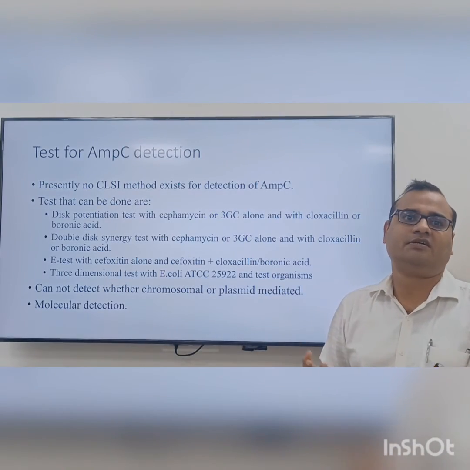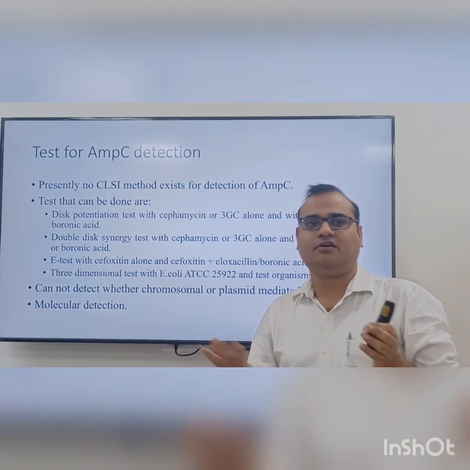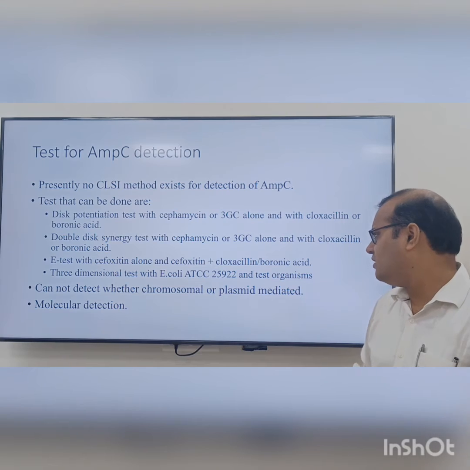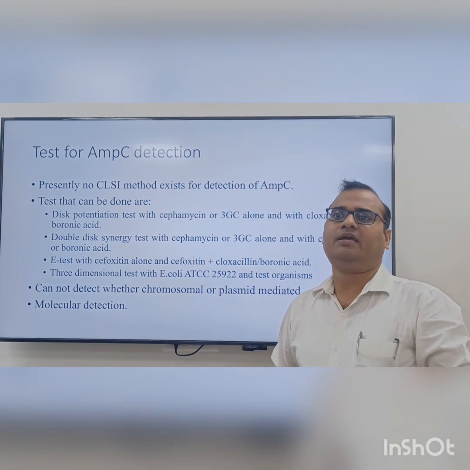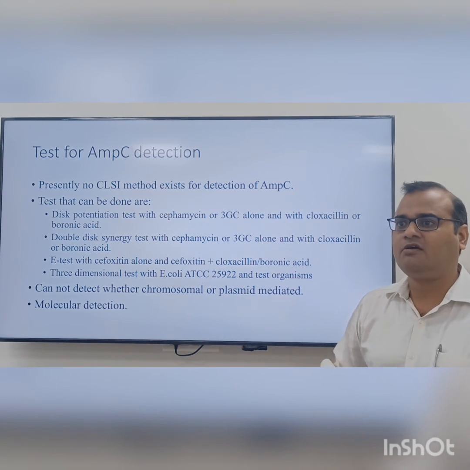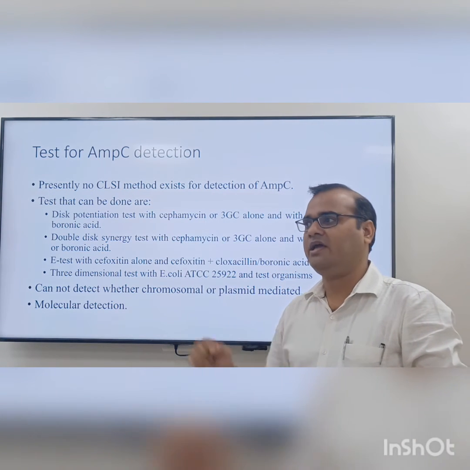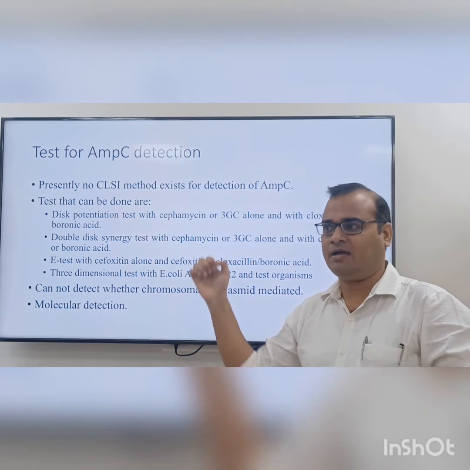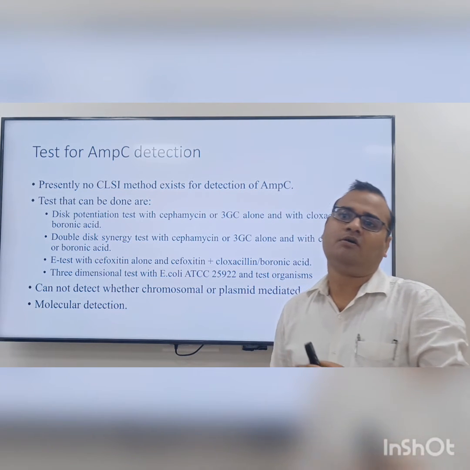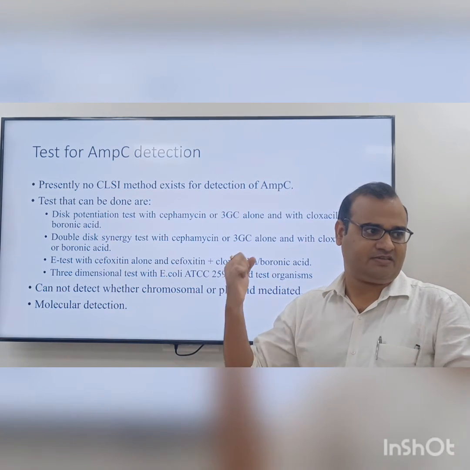The basic methodology is that we take an organism susceptible to 3GC or cefamycin, most commonly E. coli ATCC 25922. We culture it on a Mueller-Hinton agar plate, then bore a slit or a radial punch is made, and either the test organism directly or an extraction of the test organism is placed there.